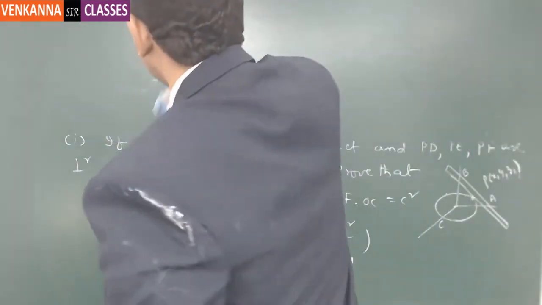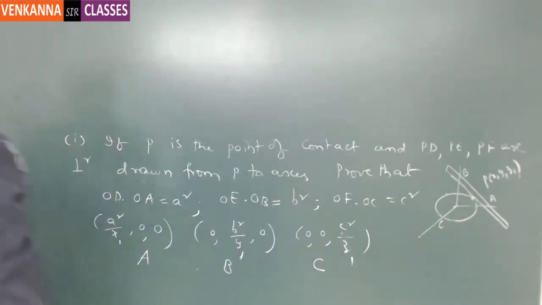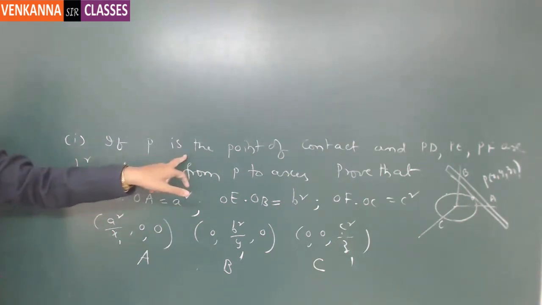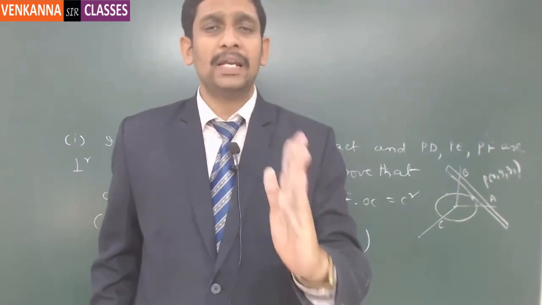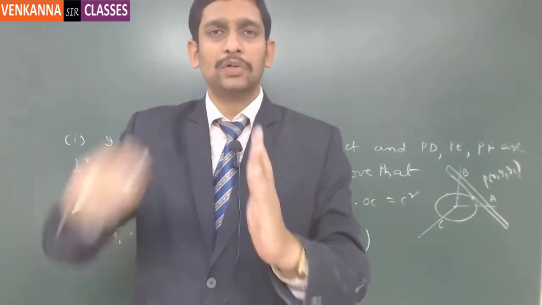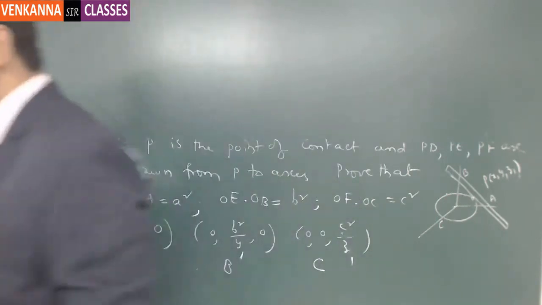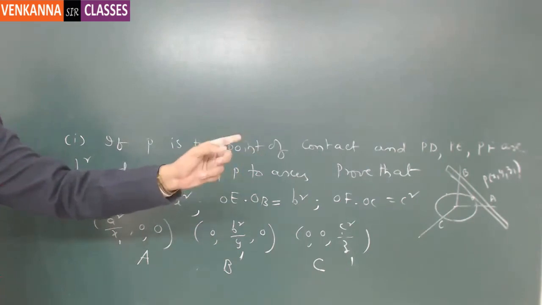Second part is very easy. Now what is given: if you take P as the point of contact and you consider perpendiculars from the point of contact to the x-axis, y-axis and z-axis, the names are taken as PD, PE and PF.